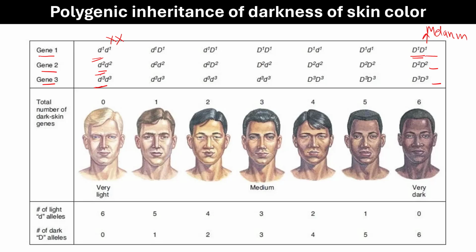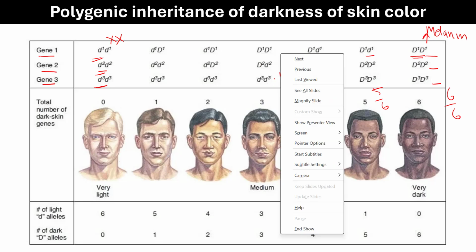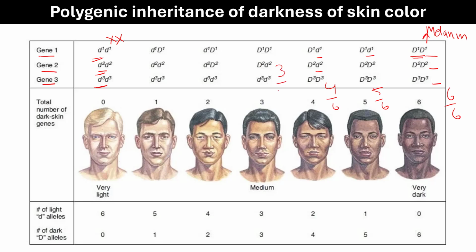Now let's quantify how many dominant or recessive alleles you have here. Here 6 out of 6 are dominant. Here 5 out of 6 are dominant because this is recessive. Here 4 out of 6 are dominant because these 2 are recessive. Here 3 out of 6 are dominant, and here 2 out of 6 are dominant. Here 1 out of 6 is dominant, and here 0 out of 6 are dominant.